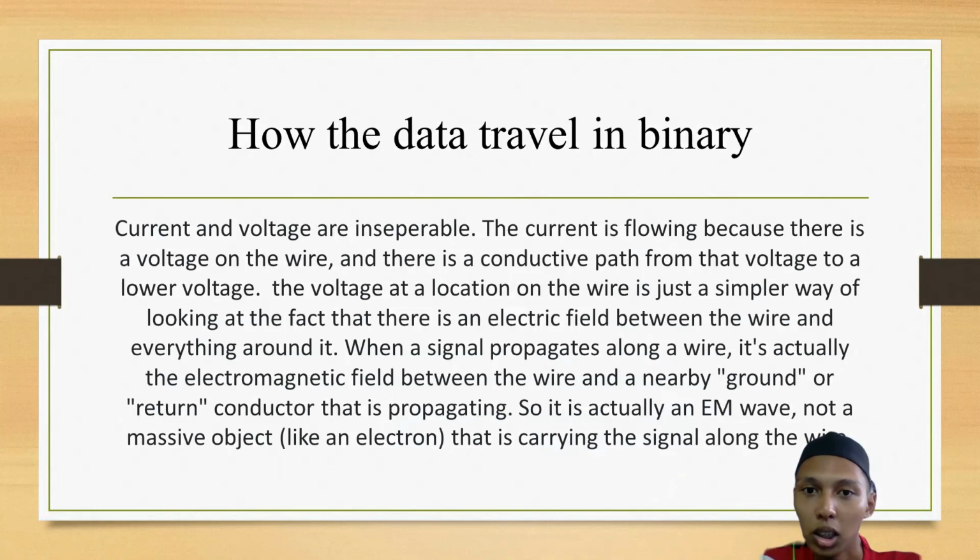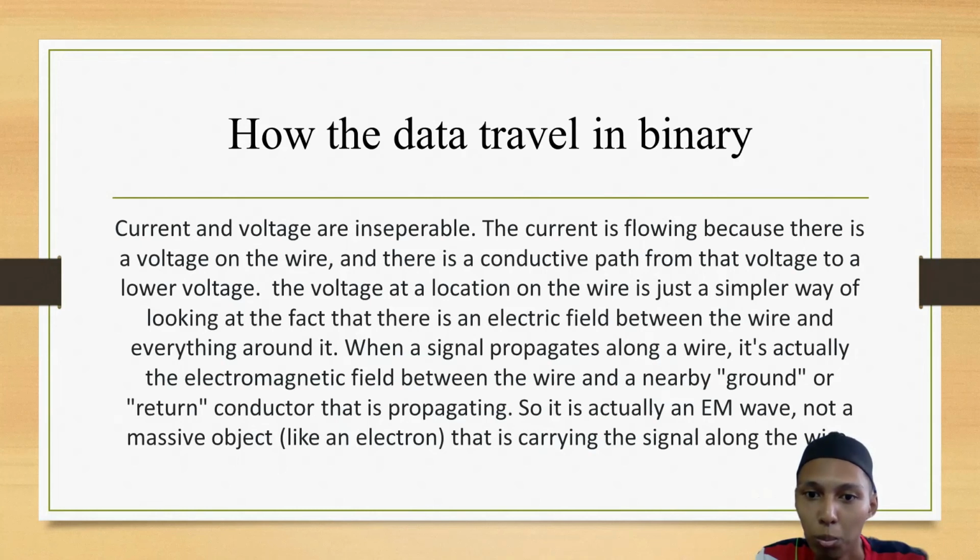The next is how the data travels in binary. Current and voltage are inseparable. The current is flowing because there is a voltage on the wire, and there is a conductive path from the voltage to a lower voltage. The voltage at a location on the wire is just a simpler way of looking at the fact that there is an electric field between the wire and everything around it.